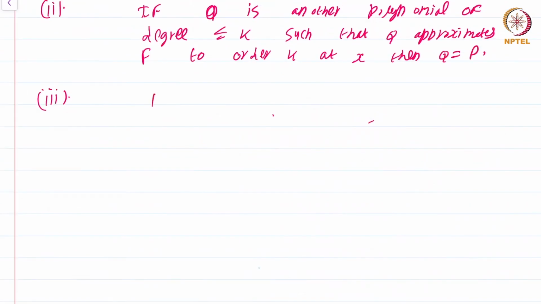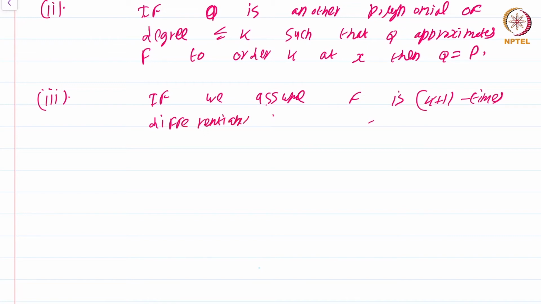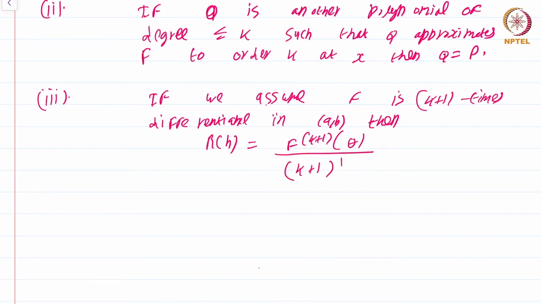if we assume f is k plus 1 times differentiable in AB, then R of h, you can write it as f of k plus 1 of theta divided by k plus 1 factorial times h power k plus 1.